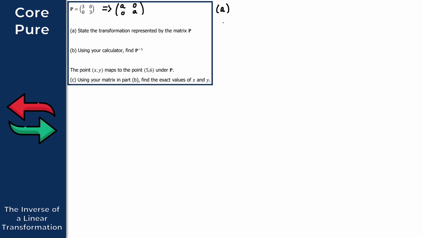So in that case, we have an enlargement with center (0, 0) with scale factor of 3, because a is equal to 3.